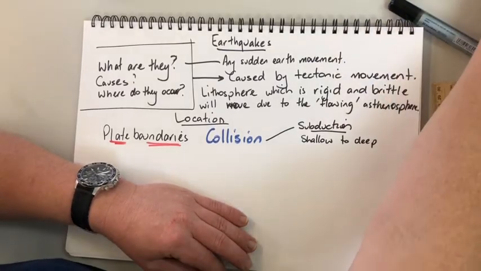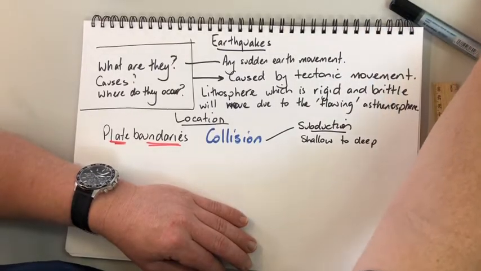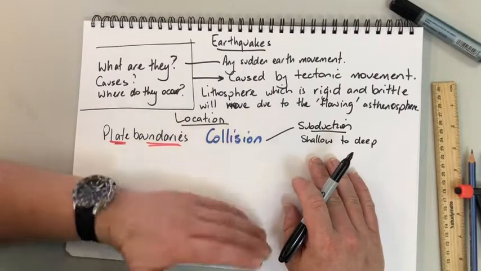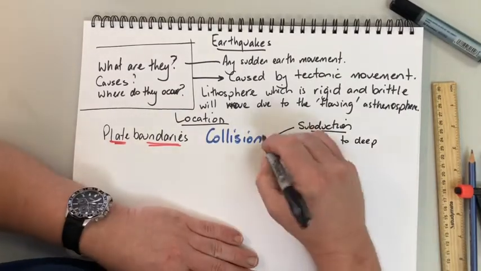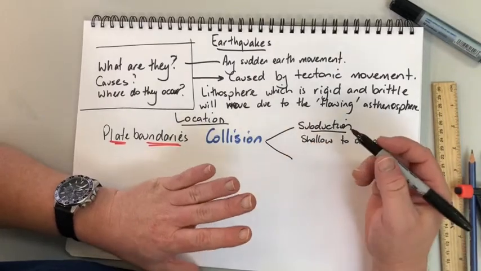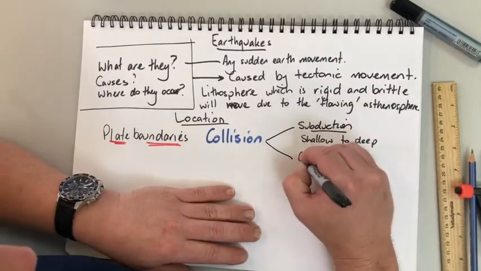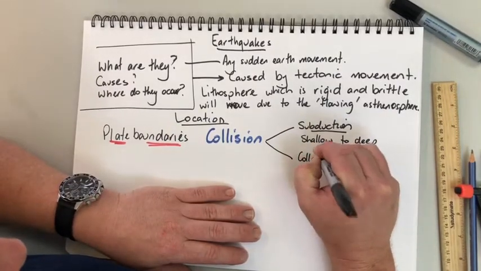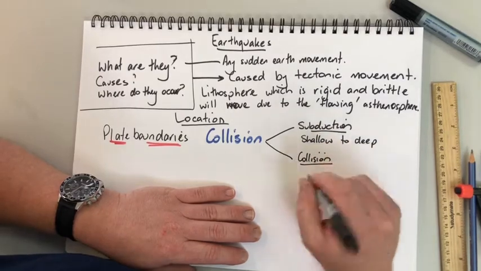So the earthquakes in a subduction zone are shallow to deep, as we know. In a collision boundary, they are fairly shallow.